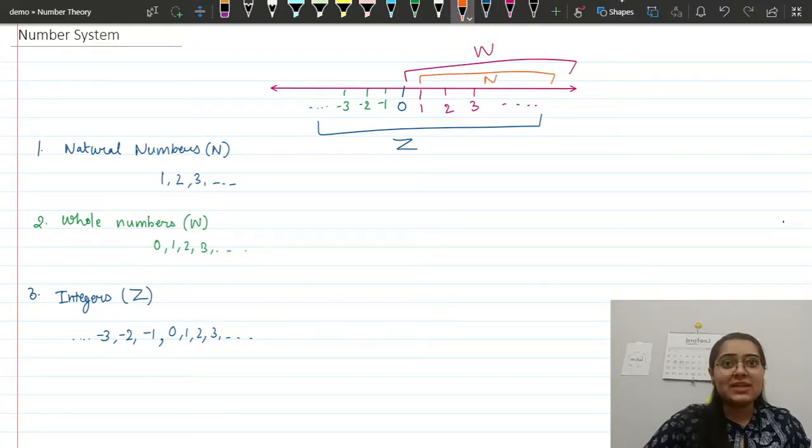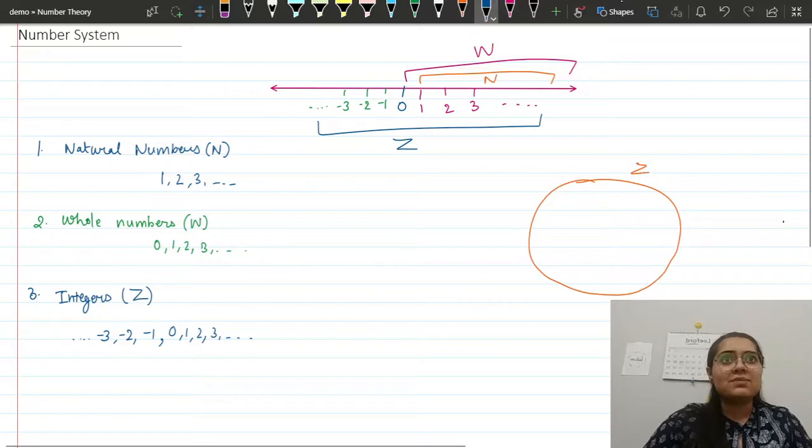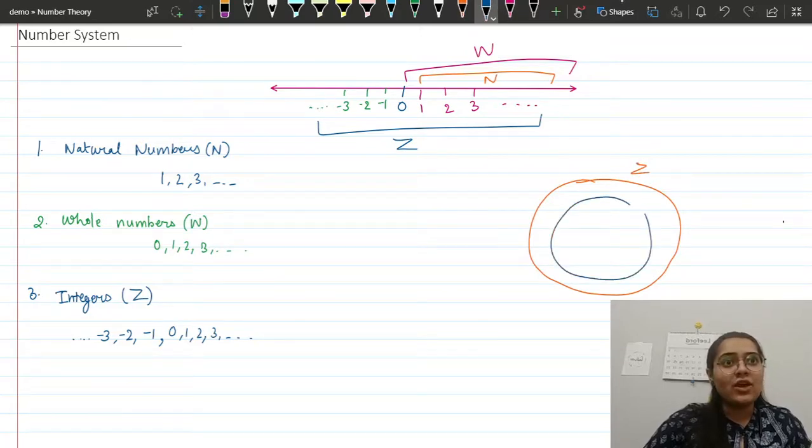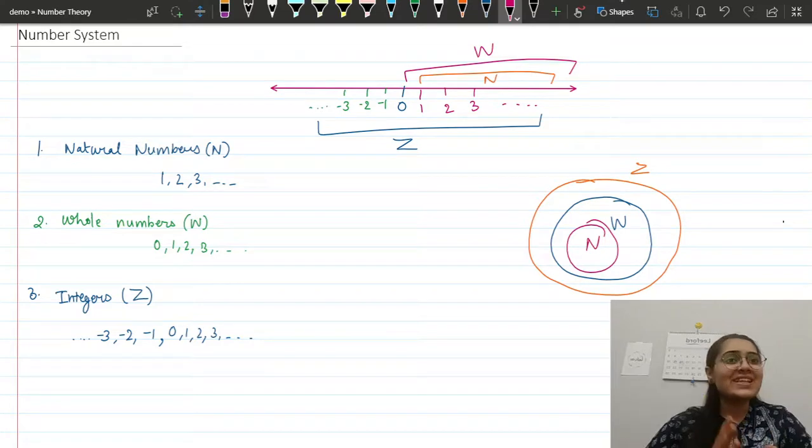So that means if I say this is the set of all integers, it contains all whole numbers, which further contains all natural numbers. Alright, so we can say that all natural numbers are whole numbers and all whole numbers are integers.